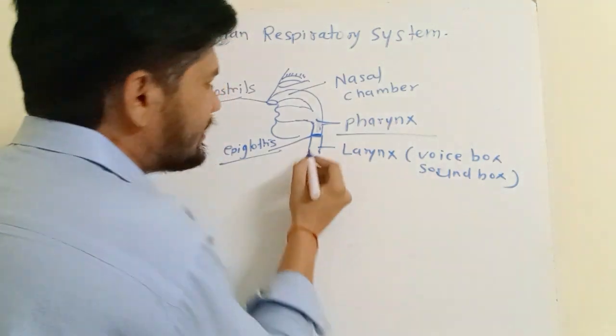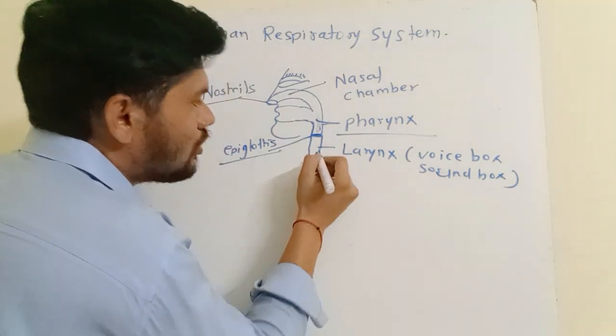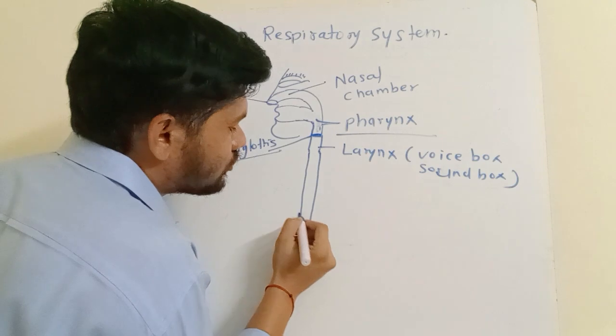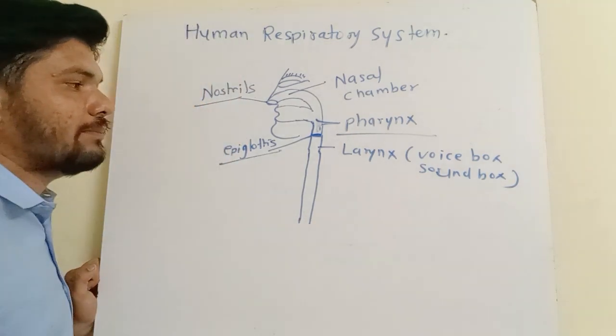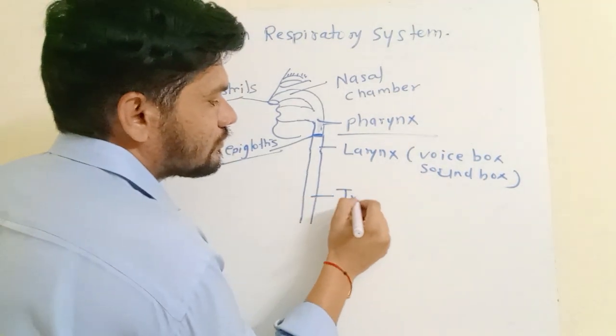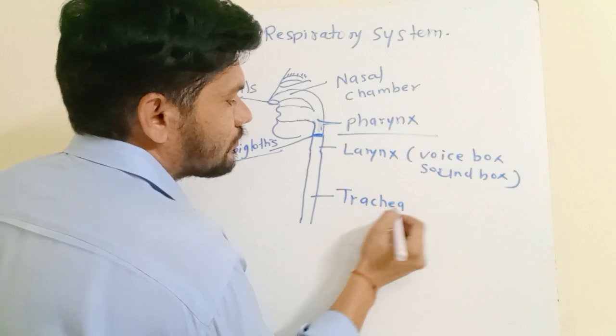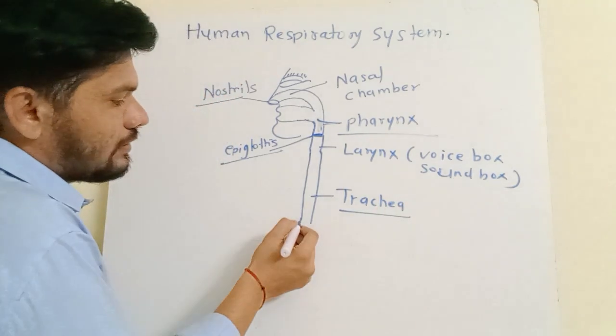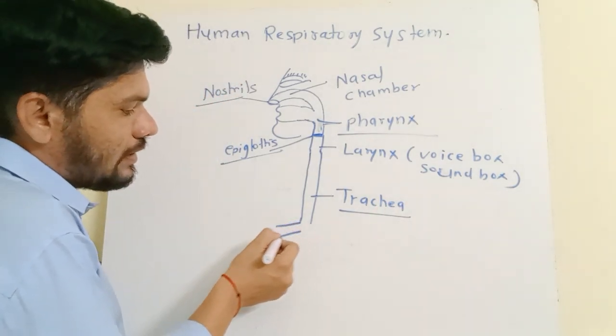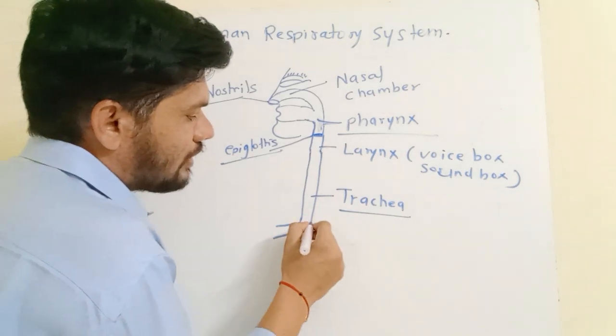The larynx leads to a long tube present in the thoracic cavity called trachea. This is trachea. The trachea divides at the level of the fifth thoracic vertebra. This is the level of the fifth thoracic vertebra.